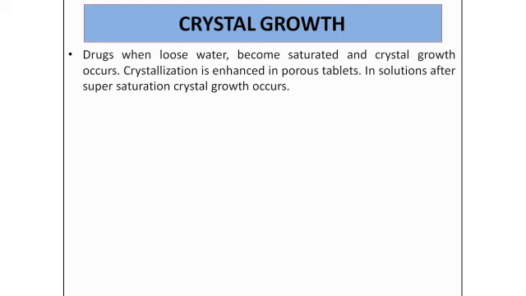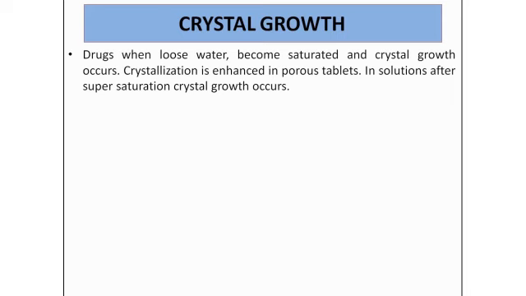The next one is crystal growth. How do crystals grow? When a drug loses water, it has a tendency to become crystalline. Thus crystal growth occurs. Crystallization is enhanced in porous tablets, and in solution, crystal growth occurs after supersaturation.